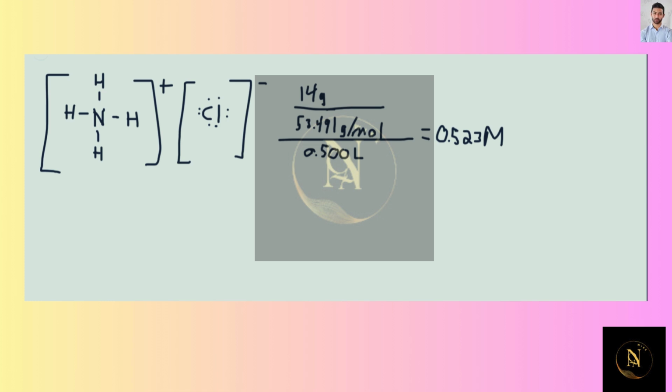How many grams of silver nitrate do you need to add to the solution to precipitate all of the chloride as silver chloride? Right. So we're going to look at the Ksp of silver chloride.